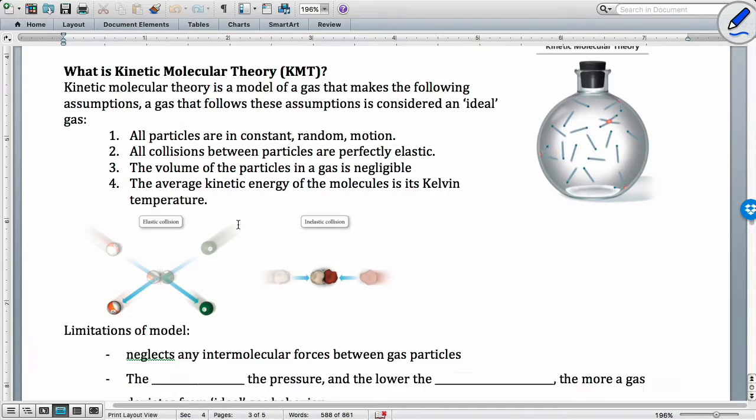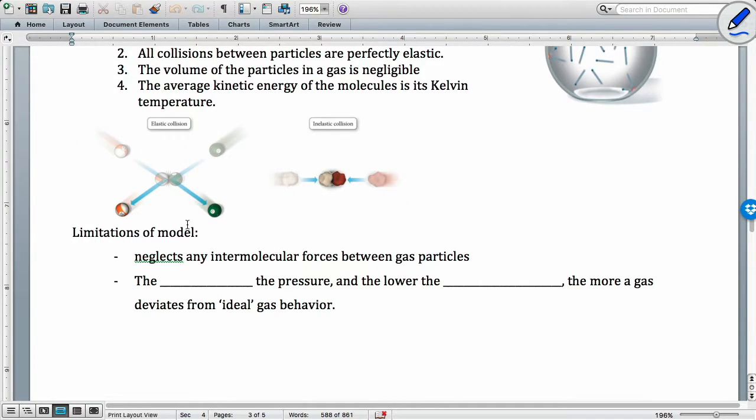Super great. One of the problems with it is that it neglects any intermolecular forces between the gas particles, which normally isn't a big deal until you get into certain situations. So what might cause there to actually be forces between gas particles? Would it be under a high pressure situation or a low pressure situation?